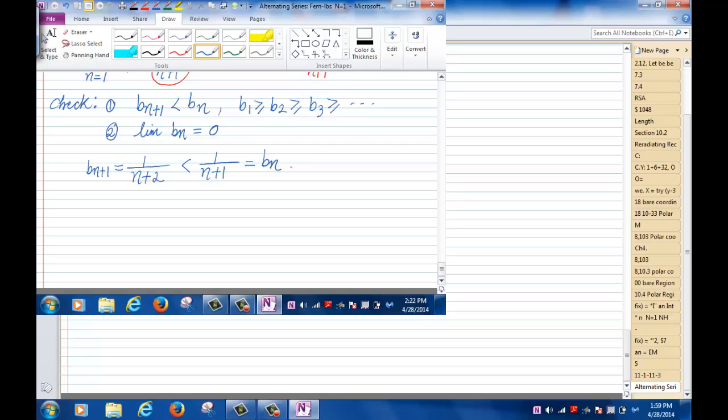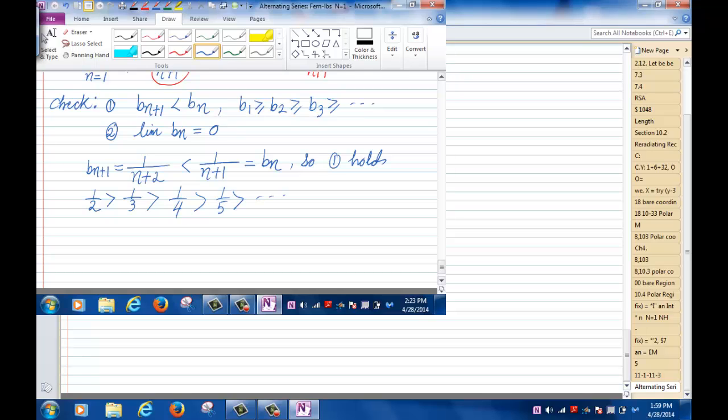So 1 holds. You can also check the following. B1 is half, B2 is 1/3, B3 is 1/4. So it's clear that it's a decreasing sequence, right?